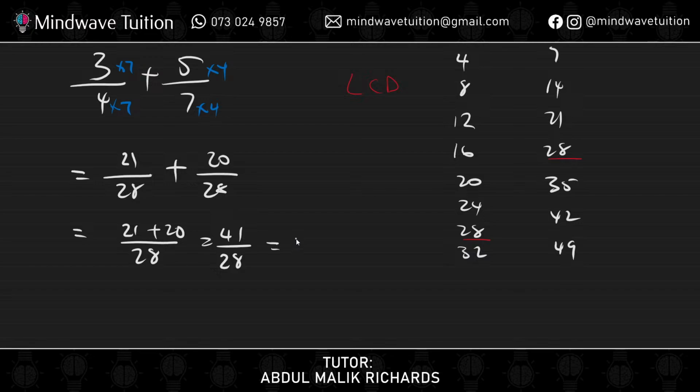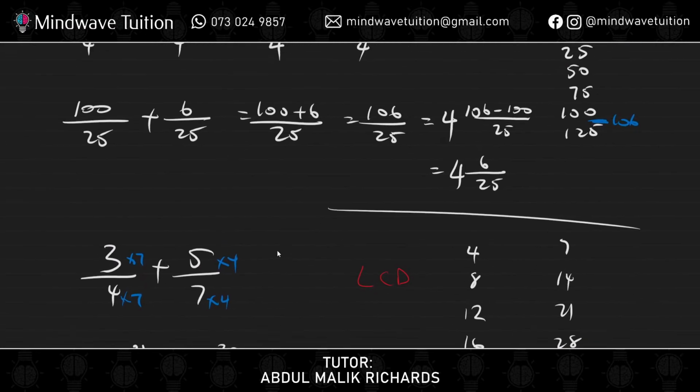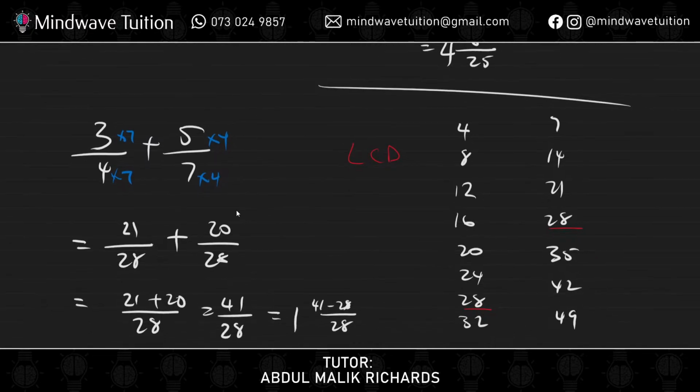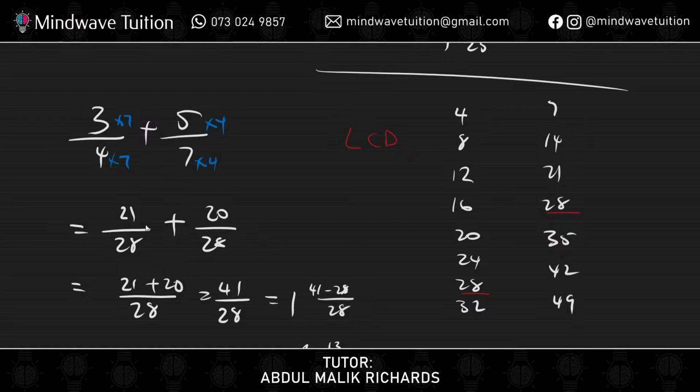This is going to be 1 and 41 minus 28 over 28. So 41 minus 28 is going to give us 13 over 28. So if the denominators are different, we just need to get them to be the same, and then we can add our fractions.